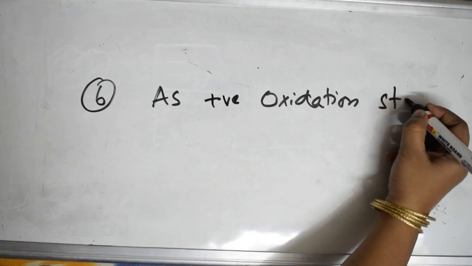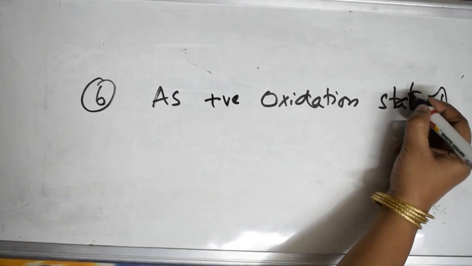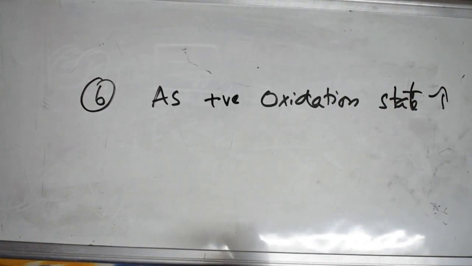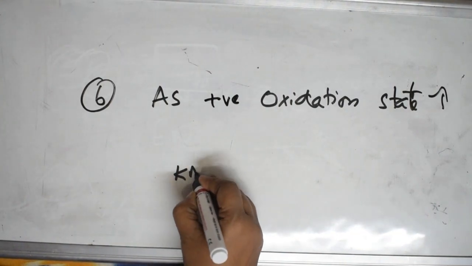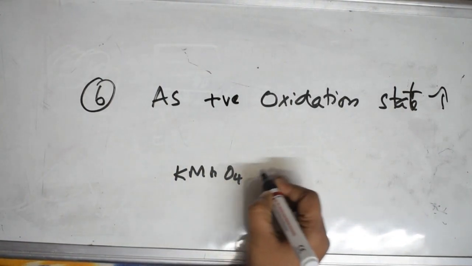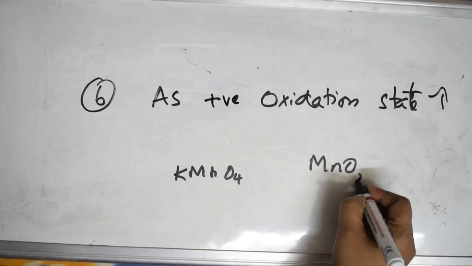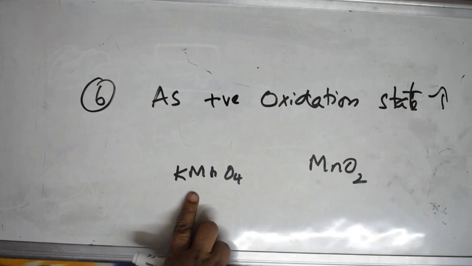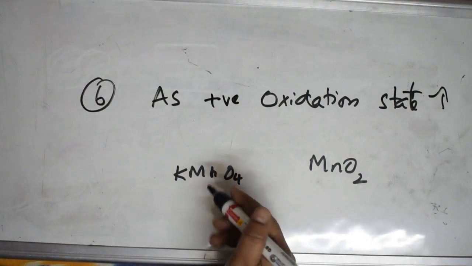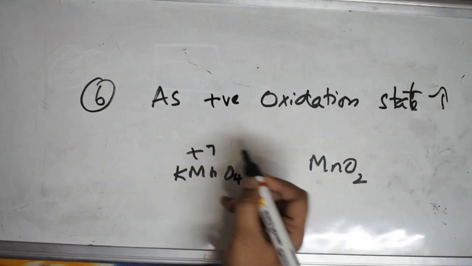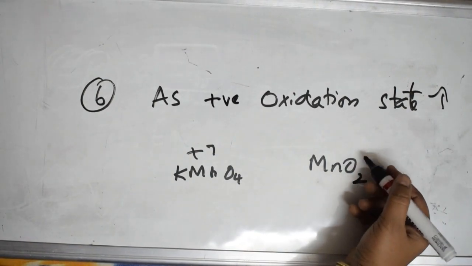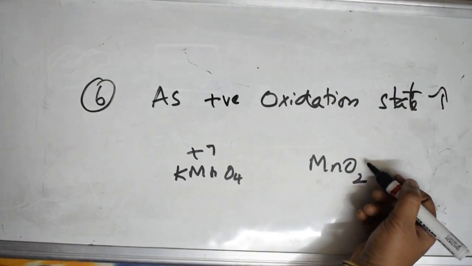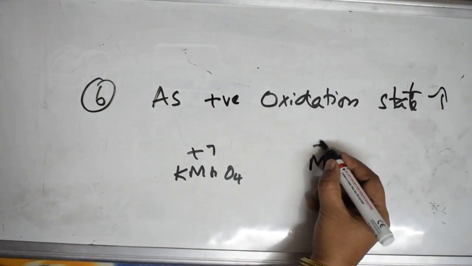In the exam they have given you positive oxidation state, for example KMnO4 and MnO2. Now see here, I need to write the oxidation state. The oxidation state of manganese is +7 in KMnO4. Here, oxygen is -2, two 2s are -2, two 2s are 4, and this becomes +4.